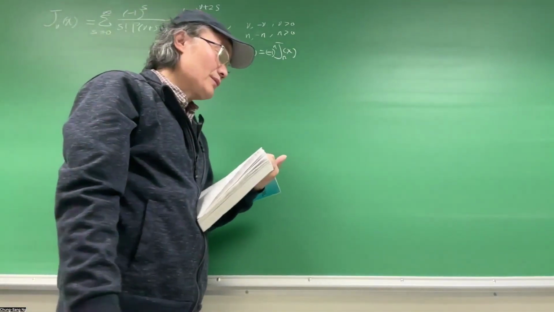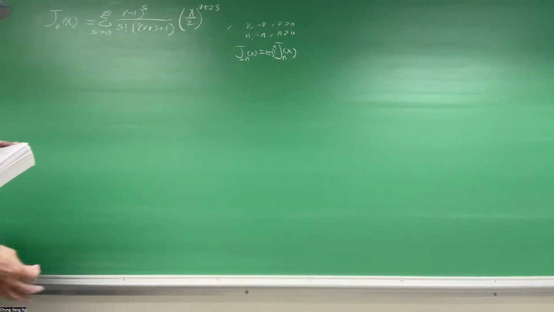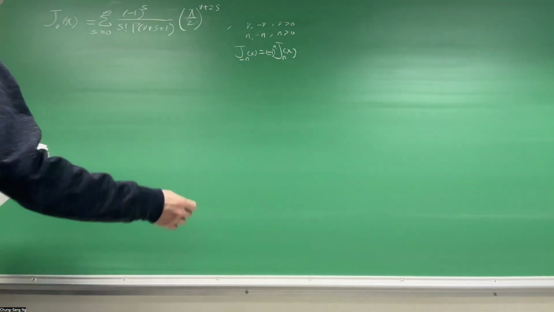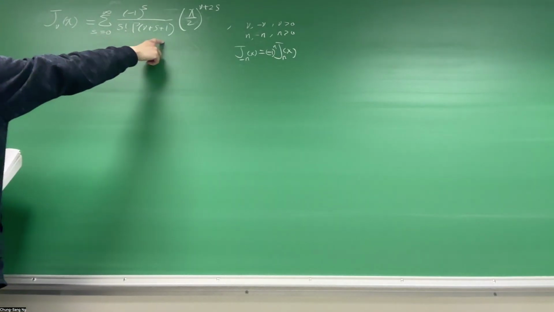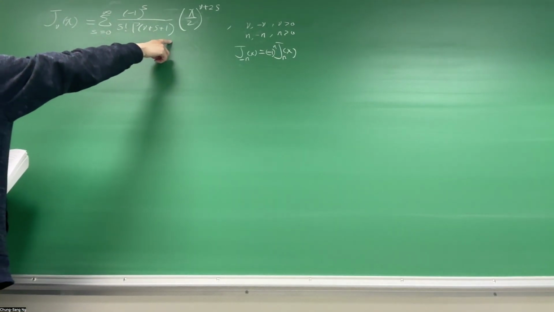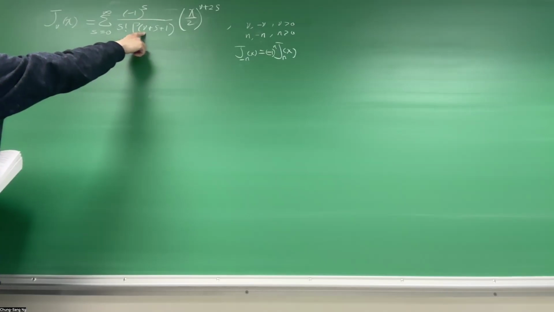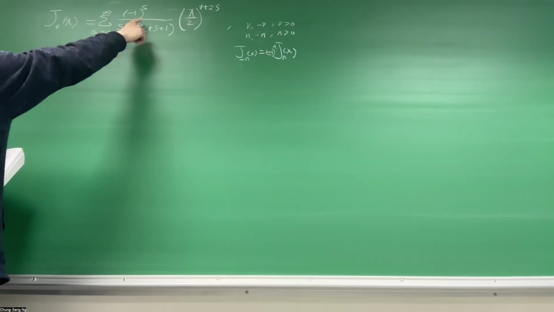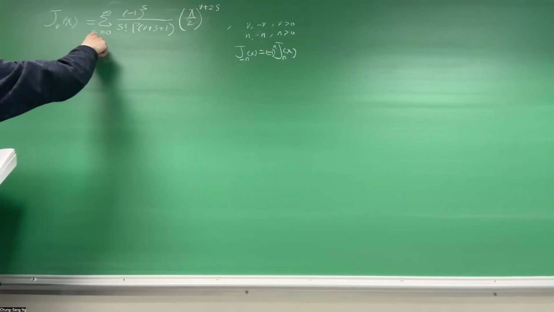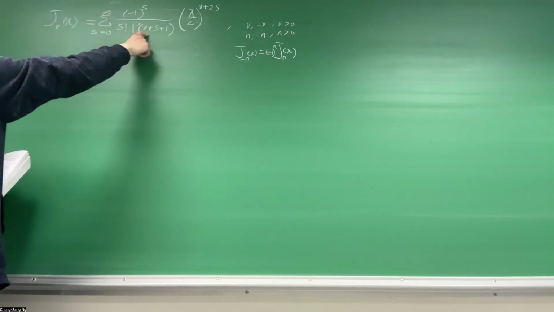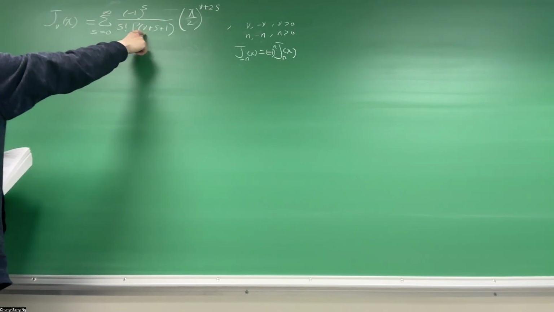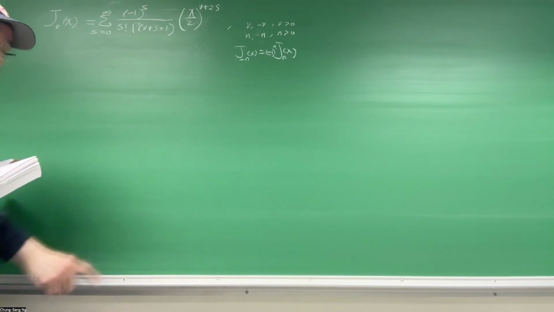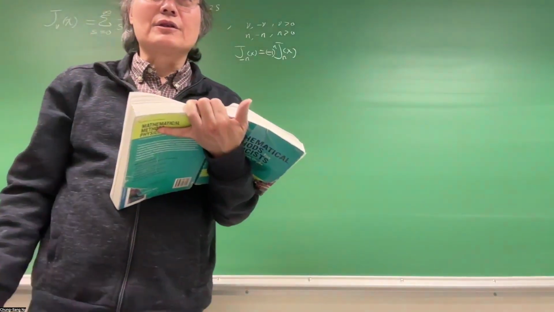Another way to do that is to use the same formula and take the limit nu equals minus n. And you see that when you sum over s from 0 to infinity, you go through some of these arguments of the gamma function as negative integers.